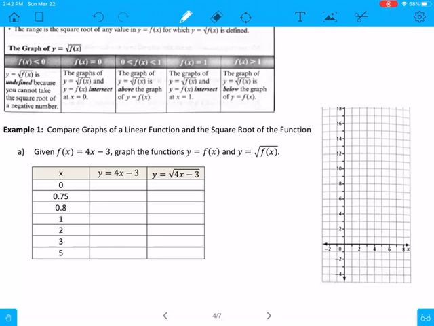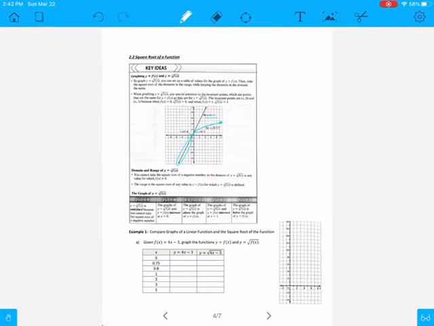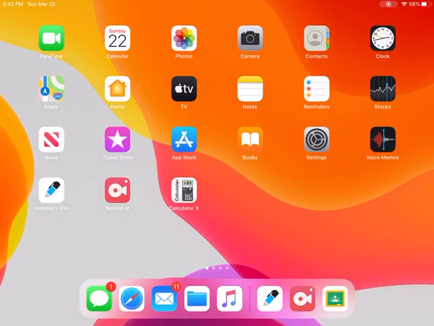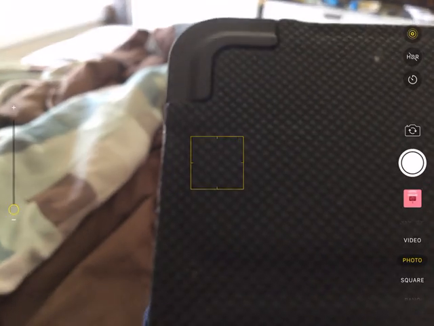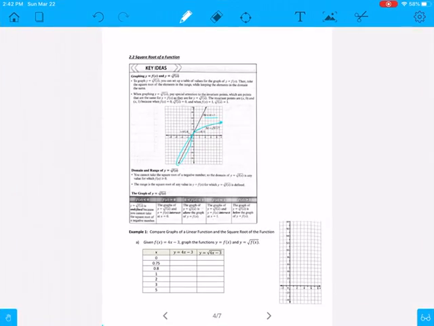So if I just go and type into my calculator, into my calculator, I'm typing 4x minus 3.